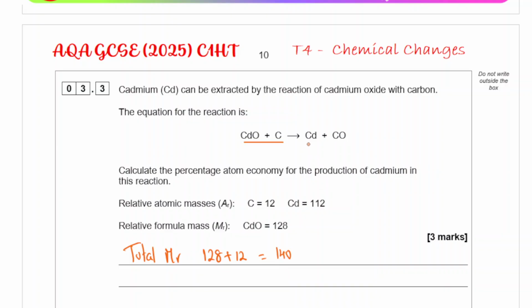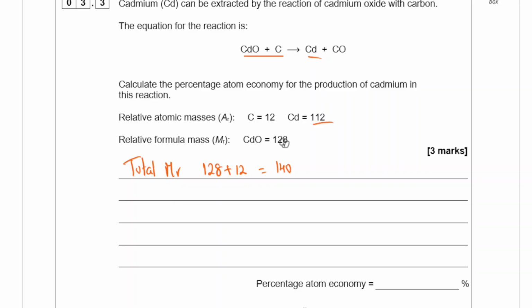Now, cadmium on its own is 112. So this carbon monoxide is actually a waste, so I don't need the mass of that. So percentage atom economy is equal to 112 divided by 140 multiplied by 100. That gives me 80%.